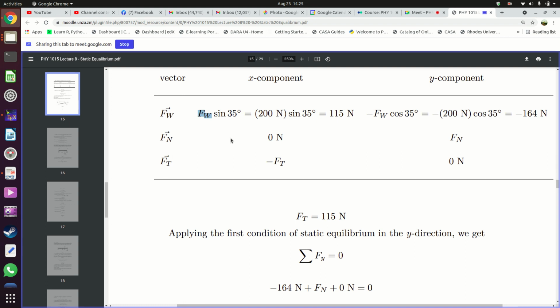Fn cos 90 degrees, that's going to give you 0 newtons. So in front of these 0 newtons, put an equal sign, write Fn cos 90 degrees, that's going to give you 0 newtons. Then for the y component, you're going to write Fn sine 90 degrees, that's going to give you Fn. Are we clear?